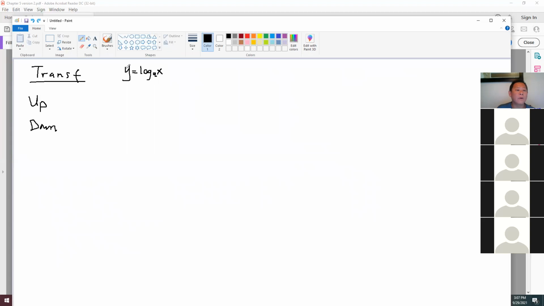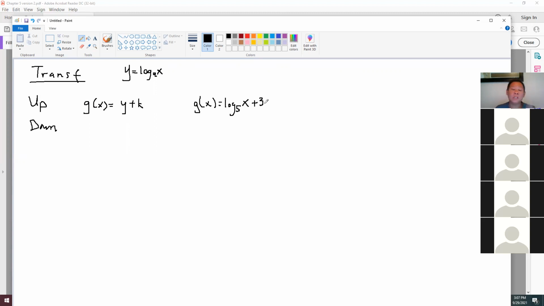So in order for us to figure out if they are going up, what you do here is you take this y function and then you add k. Example: g(x) equals log 5x plus 3.